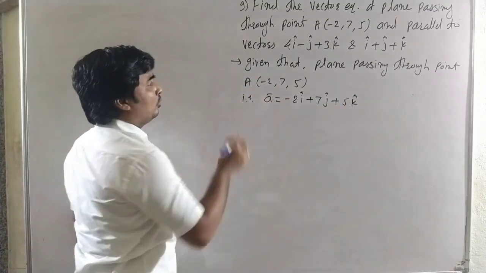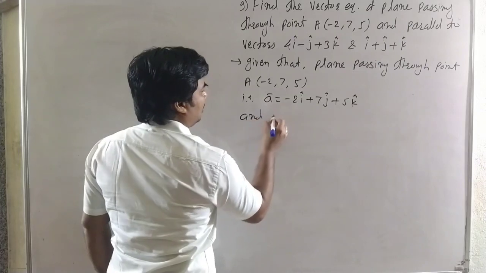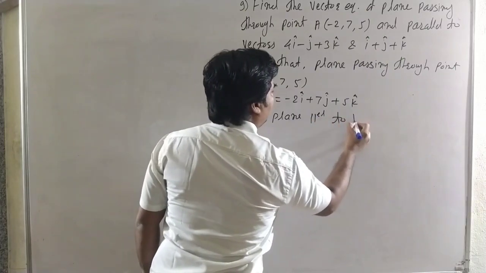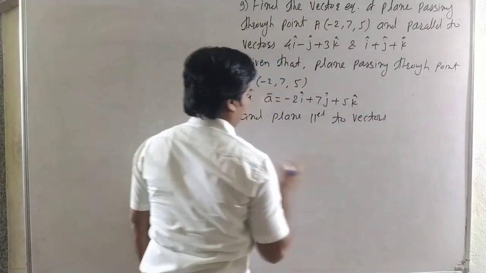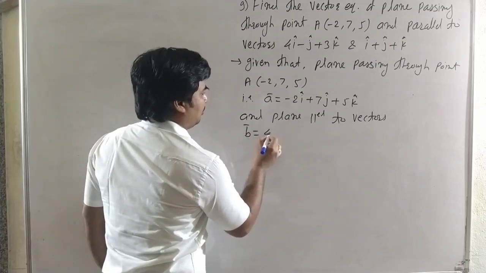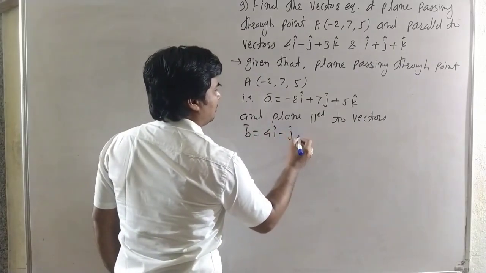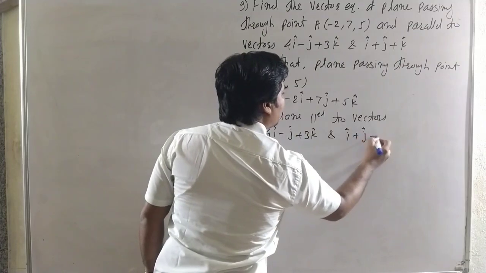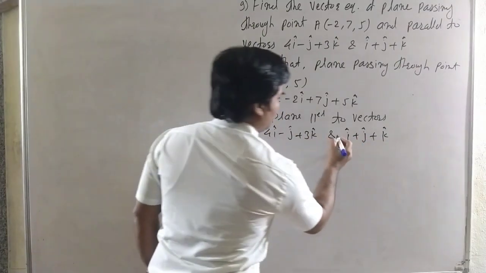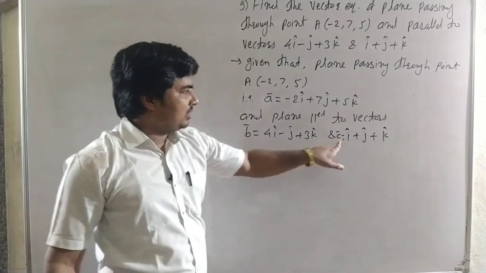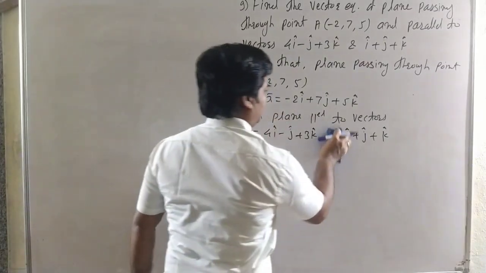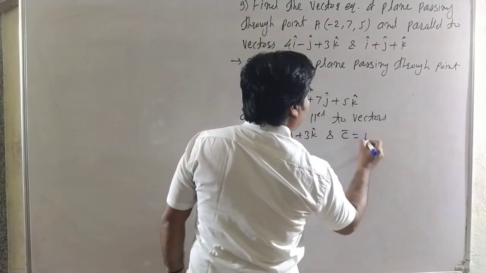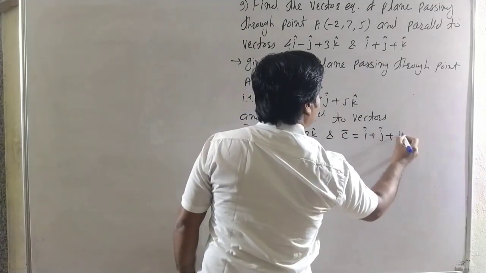The plane is parallel to vectors, b bar is 4i cap minus j cap plus 3k cap, and c bar, sorry, we can take it as i cap plus j cap plus k cap.